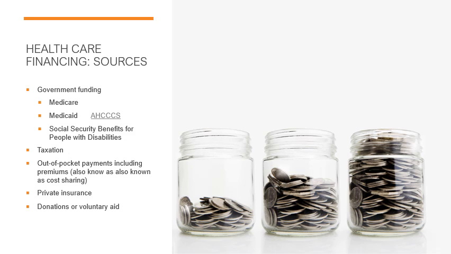Payment sources come from a variety of ways, including government funding, taxation, out-of-pocket payments, including premiums. So all of those out-of-pocket payments that you make and your premiums are known as cost sharing. It can also come from private insurance, from donations, or voluntary aid.